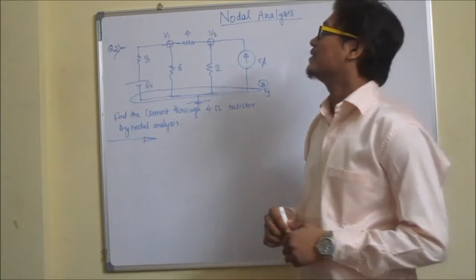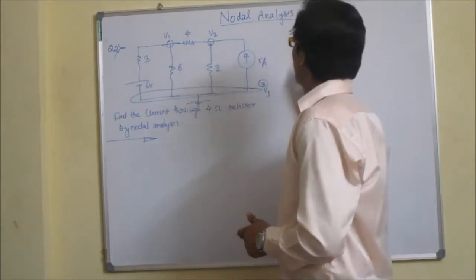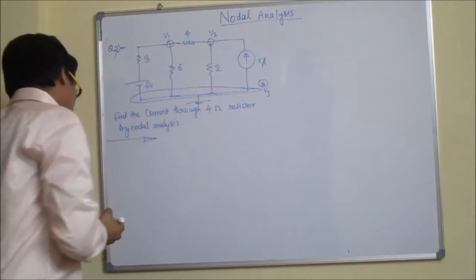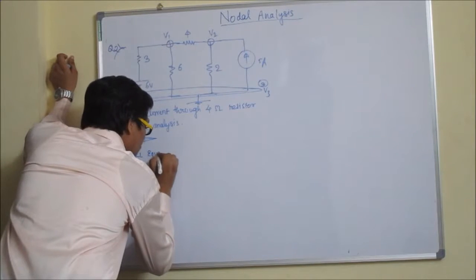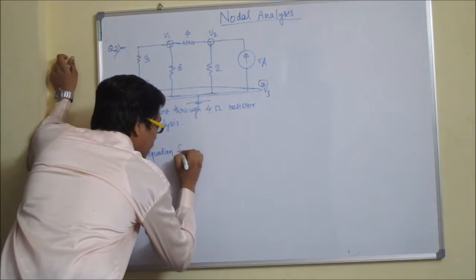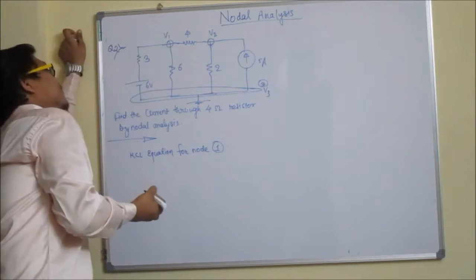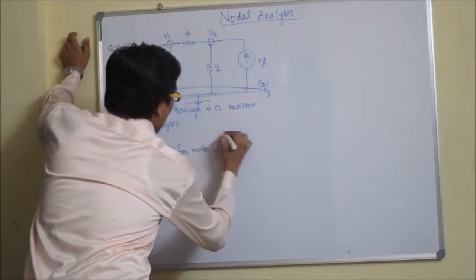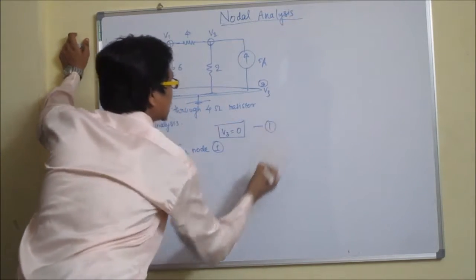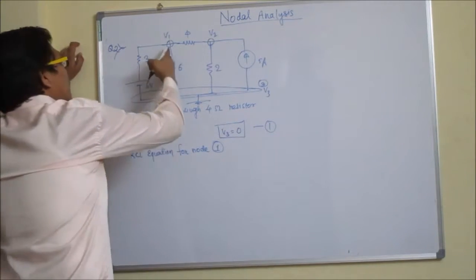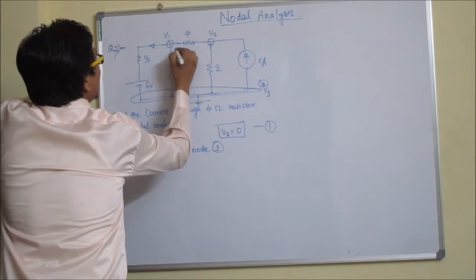Now what is the next step? You have to write the KCL equation for each node. I will start from here. KCL equation for node 1. As we already know, we have taken V3 as reference, therefore V3 is 0. For V1, I will assume all the currents are coming out of V1.